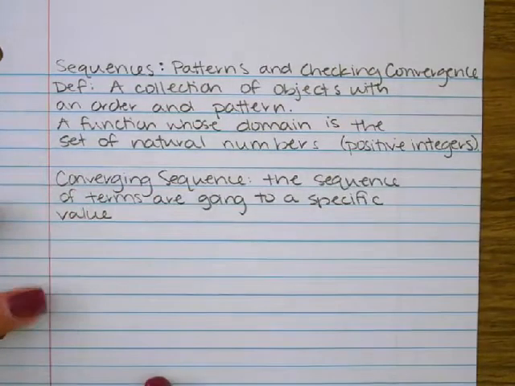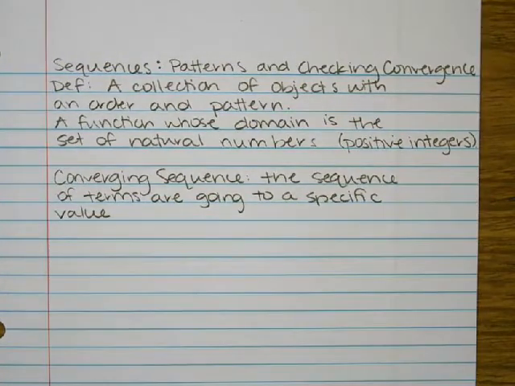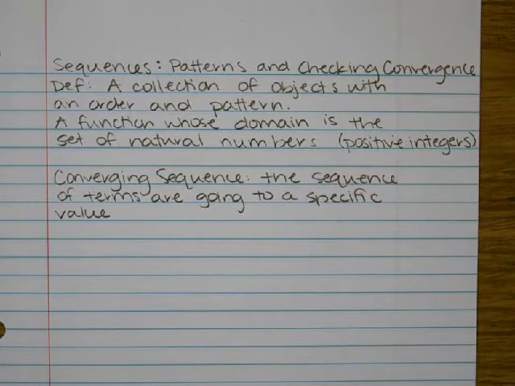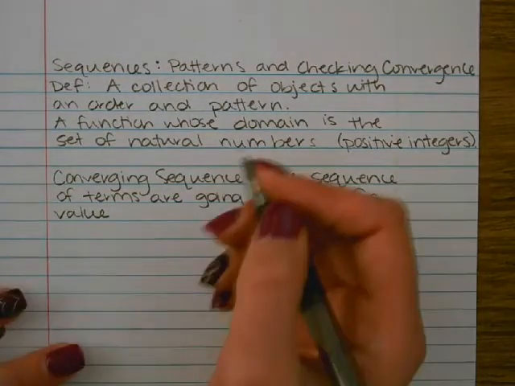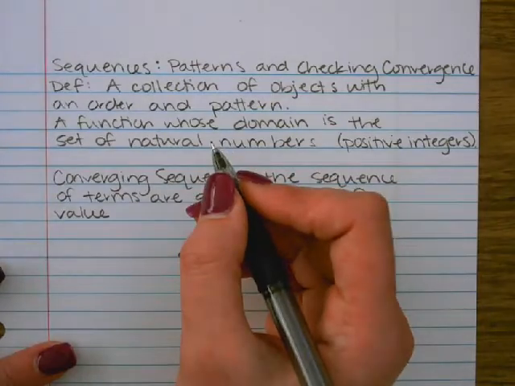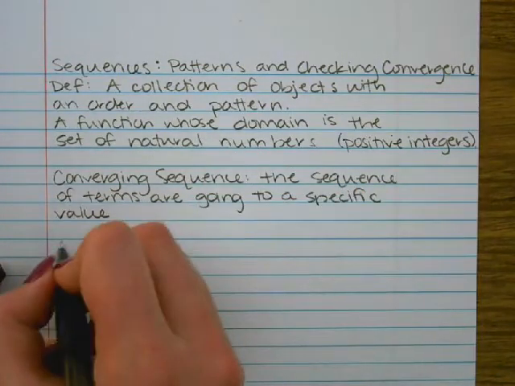Maybe each term gets a little bit closer to 5. You could say the first term is 4.9, and the second term is 4.99, and then 4.999, and then 4.9999. There's a pattern to those terms, and they'd be getting closer and closer to a value of 5. A diverging sequence is a sequence of terms where they are not going to a specific value.